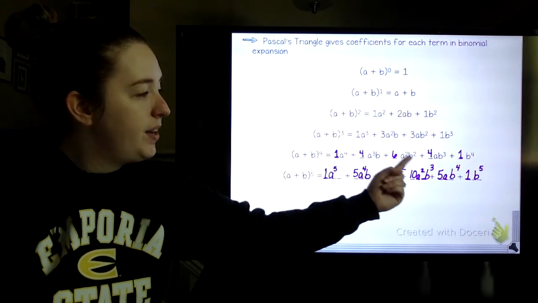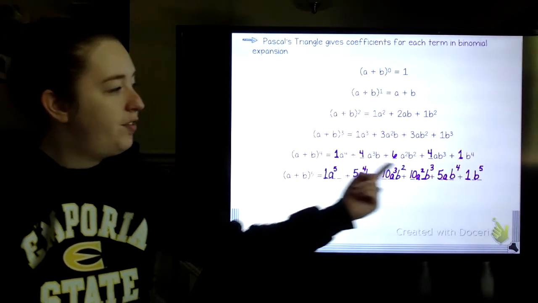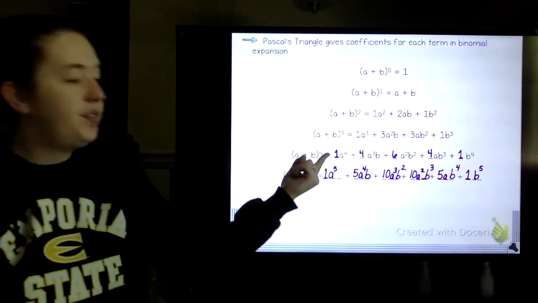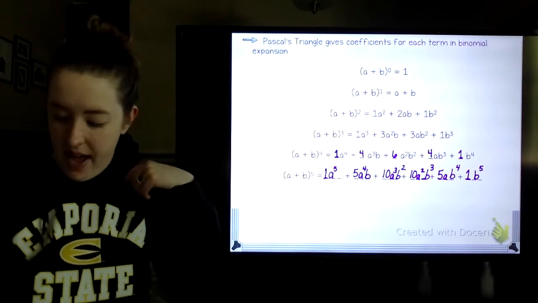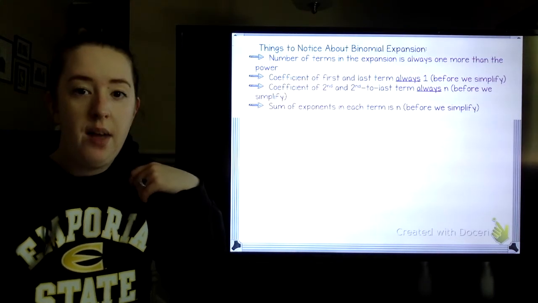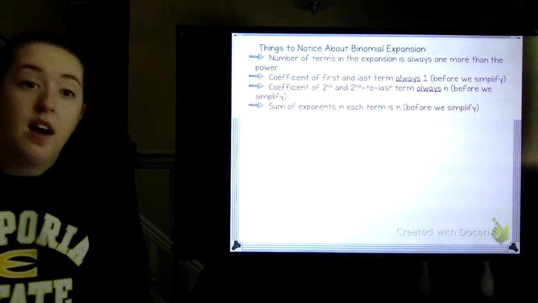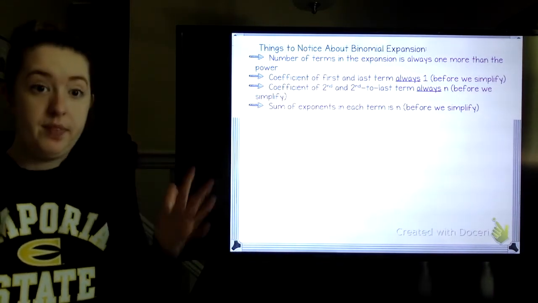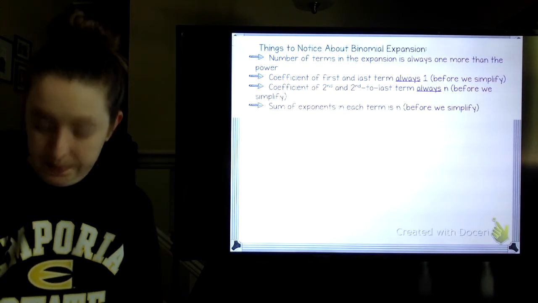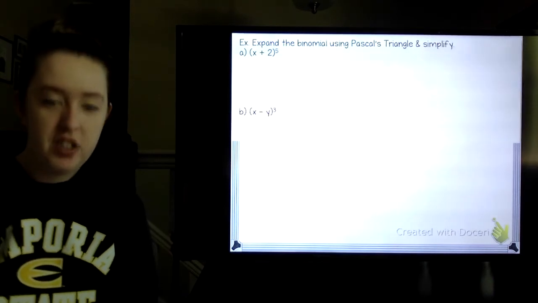A squared b squared, add 2 and 2, you get 4. 1 plus 3 is 4. So if you add the powers up, the sum of the exponents in each term is going to be the power on the binomial.